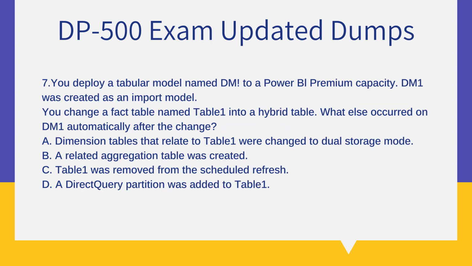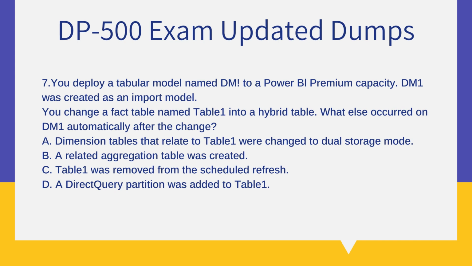7. You deploy a tabular model named DM1 to a Power BI Premium capacity. DM1 was created as an import model. You change a fact table named Table 1 into a hybrid table. What else occurred automatically after the change?